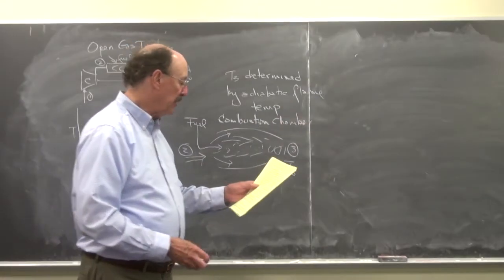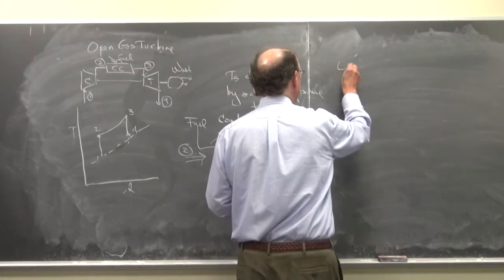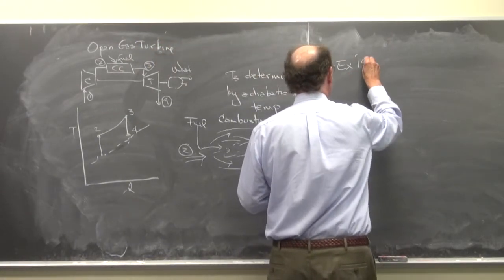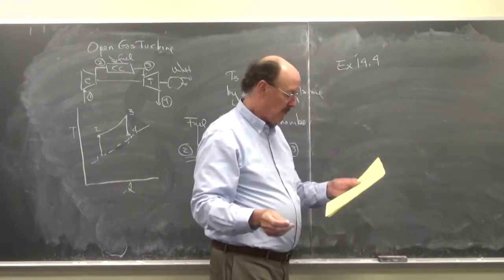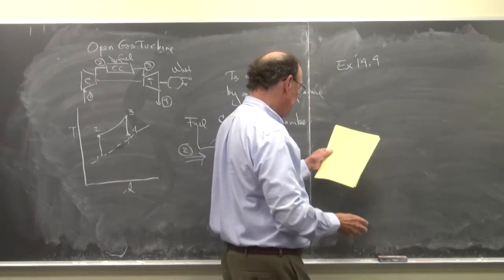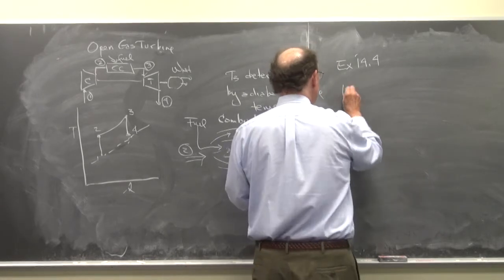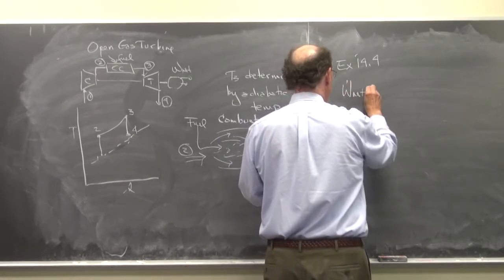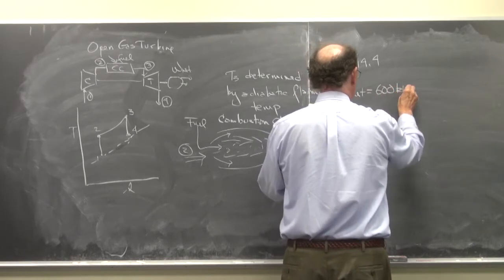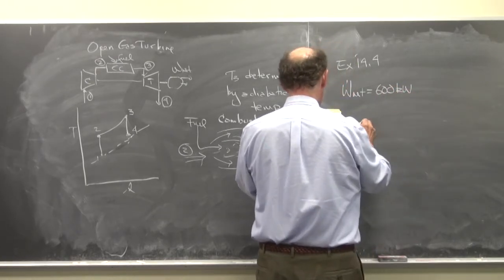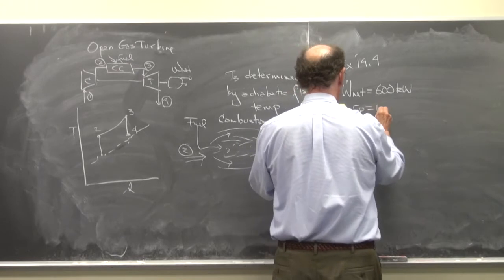And so now let's look at example 14.4. And again, read this because I'm going to speed up the process. So in this case, we have that the net work produced by this is 600 kW. We have that R sub P is equal to 10.